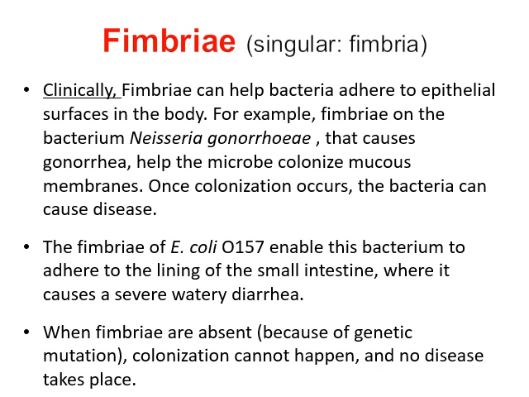So the pathogenicity of this strain of E. coli is dependent on the presence of this fimbriae. When fimbriae are absent because of a genetic mutation, colonization cannot happen and no disease can take place, of course.